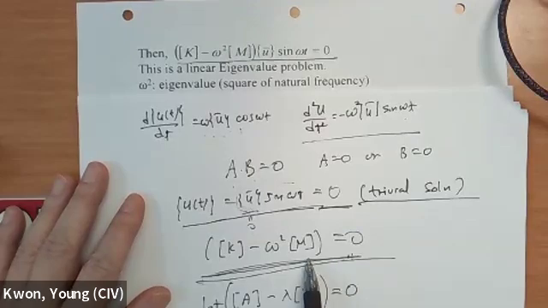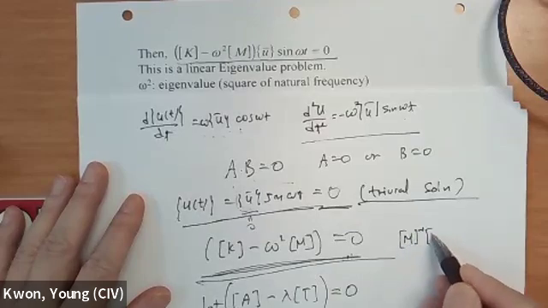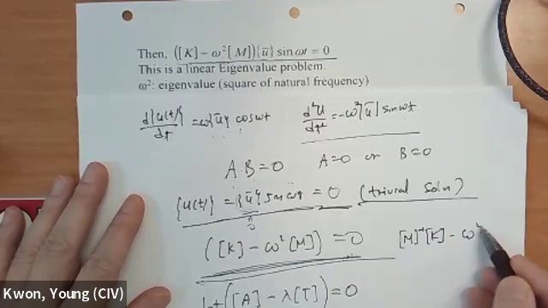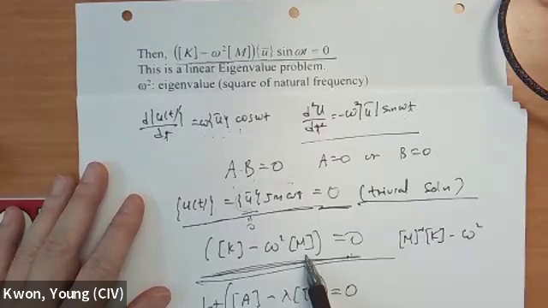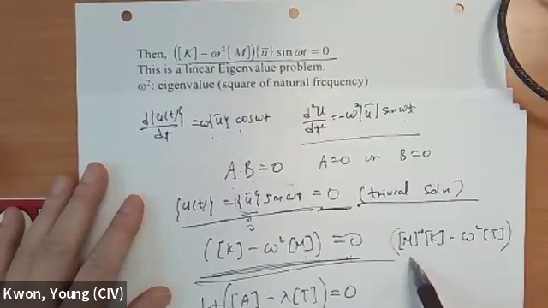The reason is if you pre-multiply by the inverse of the mass matrix, then the inverse of the mass times the mass is going to be the identity matrix, by nature. So that is going to be equal to this one. So this is the standard eigenvalue problem, and this is the generalized eigenvalue problem.